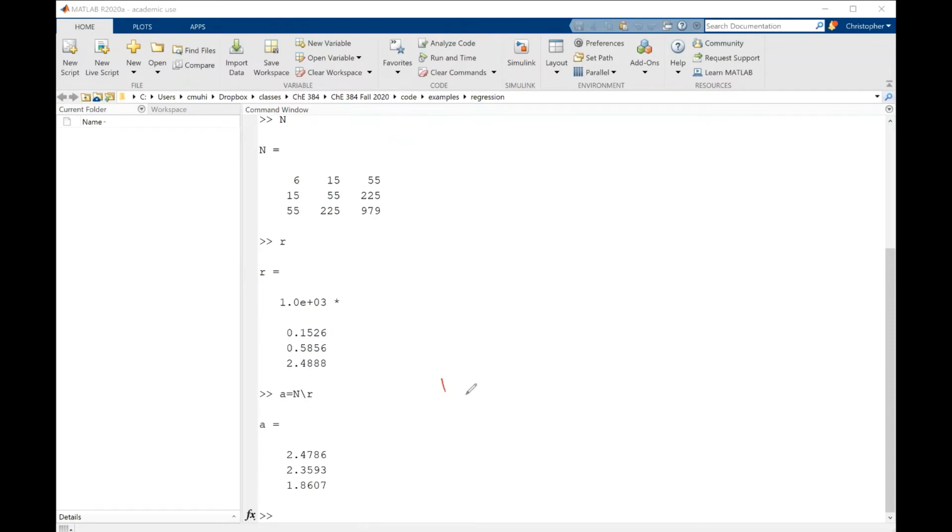So I now have my equation for each of these cases. We have y equals 2.4786 plus 2.3593x plus 1.8607x squared, right?